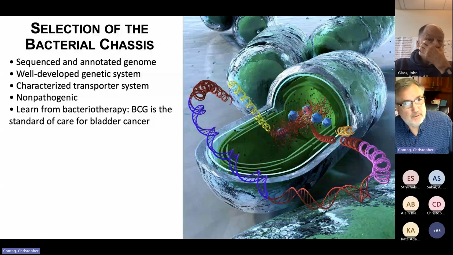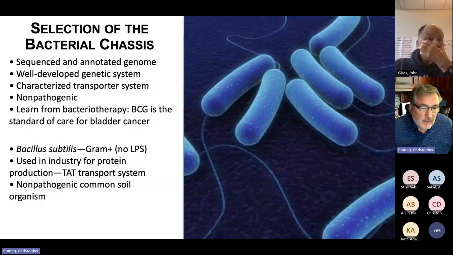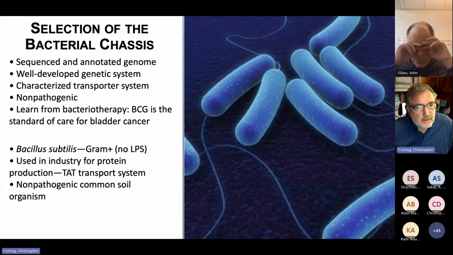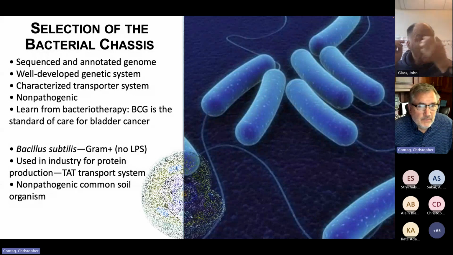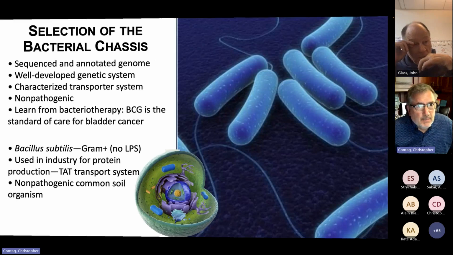For example, BCG is the standard of care for bladder cancer, so we started working on ideas where we could use this as a cancer therapy. We started with Bacillus subtilis for the reasons that I just described, and using the TAT transport system to get folded proteins out of the bacteria into the cytoplasm of the cell. So the idea would be to get a reasonable number of bacterial cells inside the cytoplasm that then could communicate with the genome. So I'd like to go through that scheme step by step.